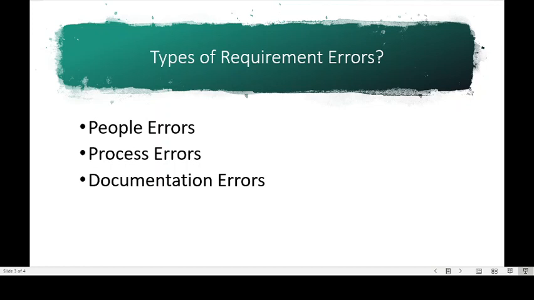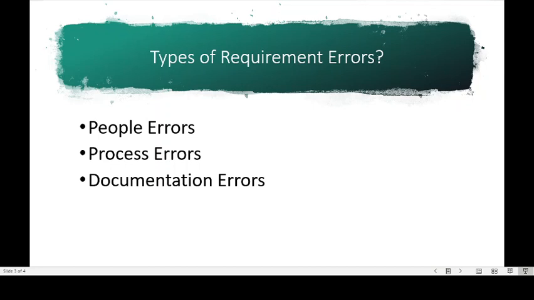Some examples of people error are miscommunication among stakeholders, lack of participation of stakeholders, lack of participation of the stakeholders who are important from the domain knowledge point of view, etc. Second is the process errors, which are caused when requirement analysis is conducted incorrectly.